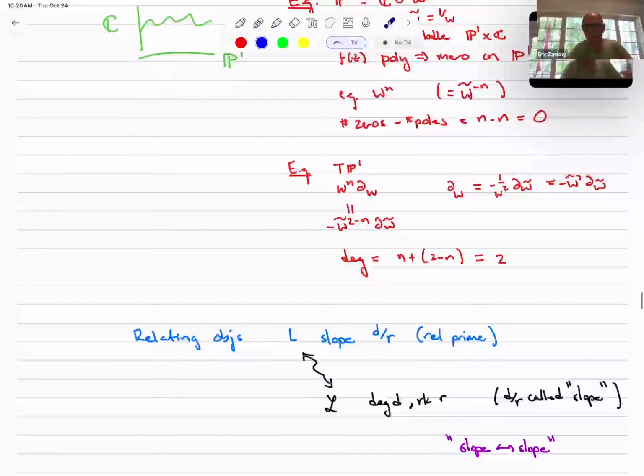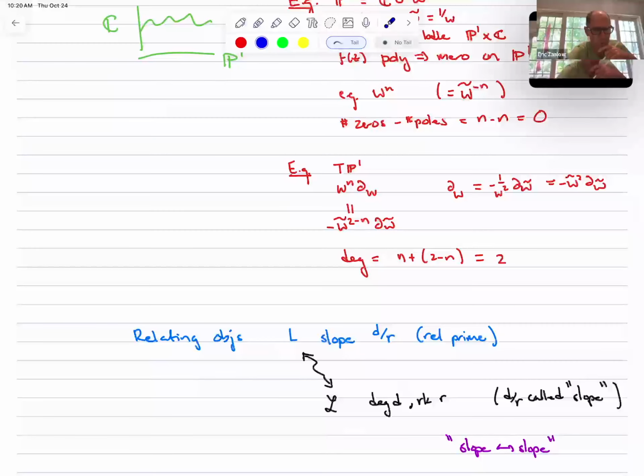In algebraic geometry, the degree divided by the rank is called the slope, and they called it that before homological mirror symmetry. So it's very suggestive that the map of objects should take the line of this slope to the vector bundle of that slope. So slope equals slope is our slogan.